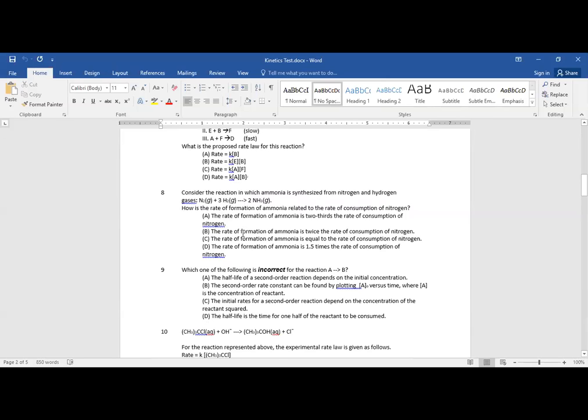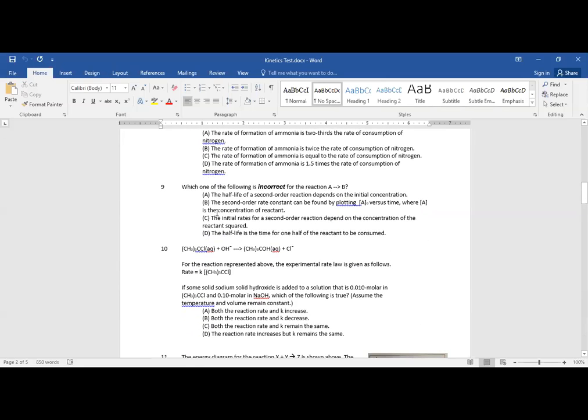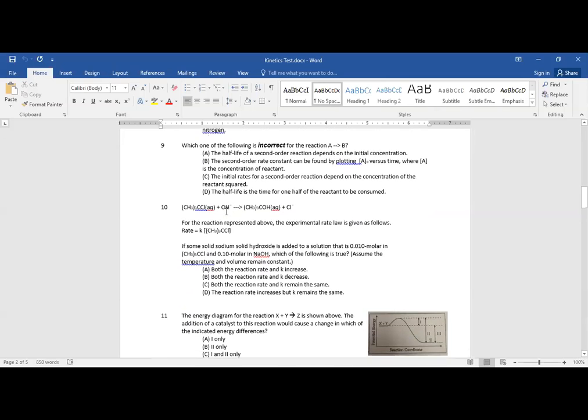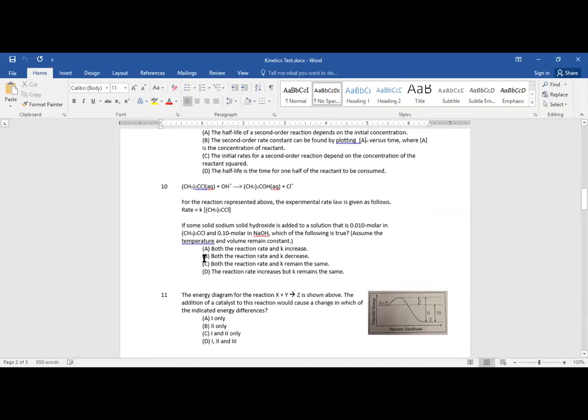So do B as in boy. 9, excuse me, the answer is B. 10, if you add the solid sodium hydroxide to this reaction, nothing occurs. Both the reaction rate and K remain the same because OH is not in the rate law.